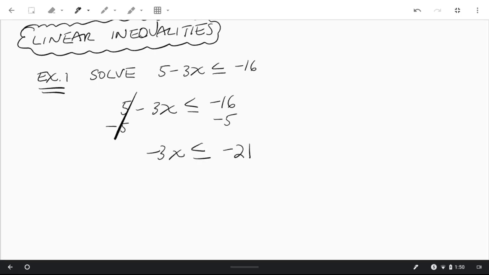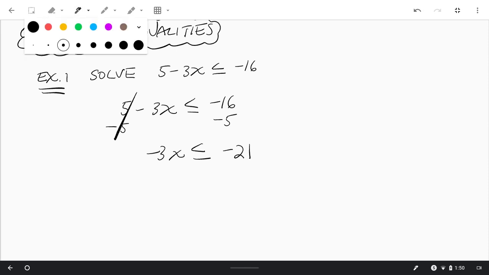And here, to get the x by itself, I would need to divide by negative 3. This is the step I was talking about, where it's a little bit different and you do have to pay attention. When we divide by negative 3 on both sides, we do need to change the direction of the inequality.